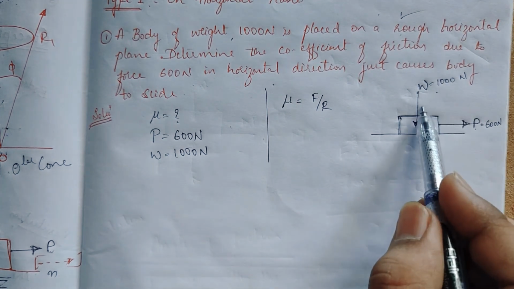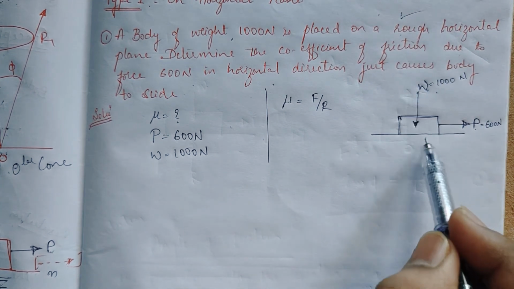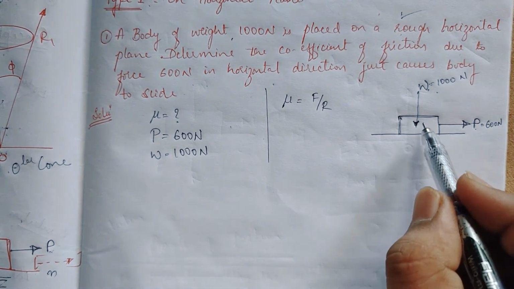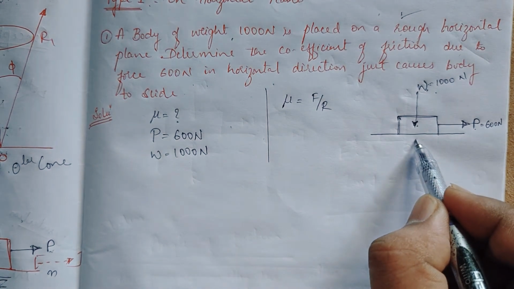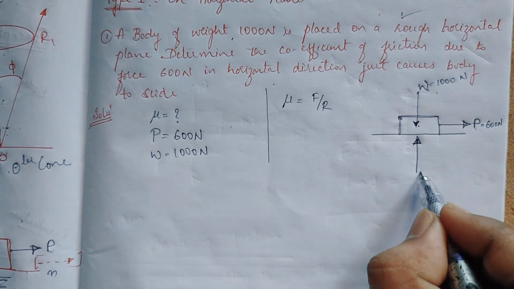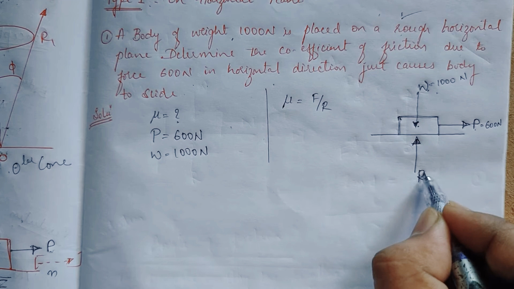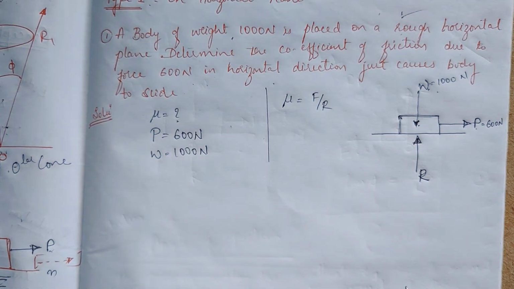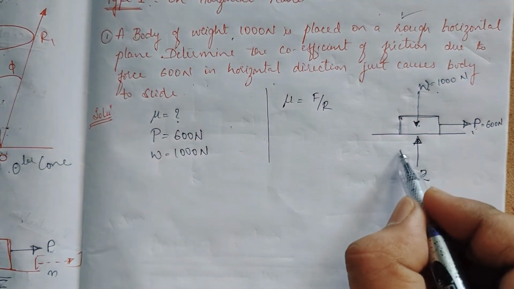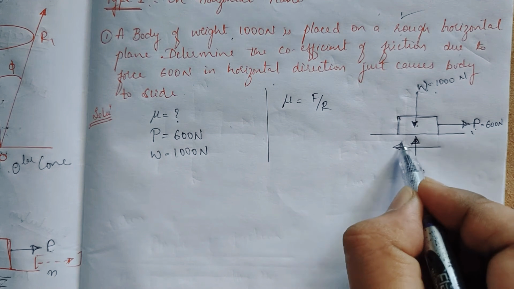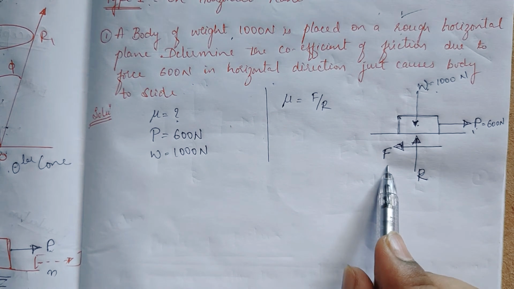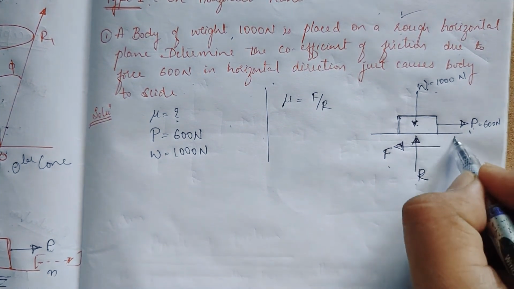Due to this weight W acting, what happens? Newton's third law: for every action there is an equal and opposite reaction. Because of the weight W, another reaction force is created. So due to the force W there will be another force R that is normal to the horizontal surface. And here the P force is in this direction, so obviously the friction force F will be in the opposite direction, because the motion tendency is this.